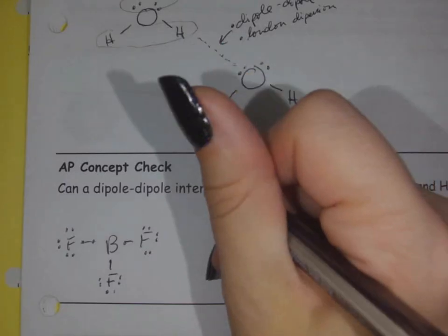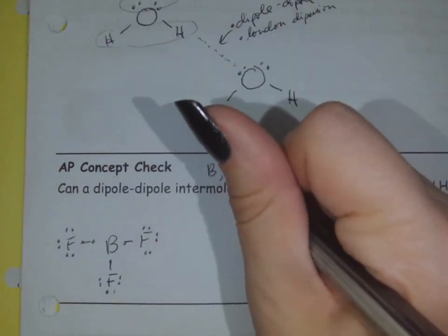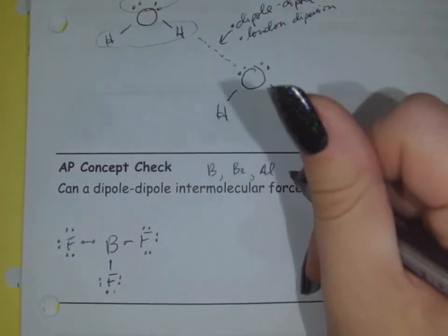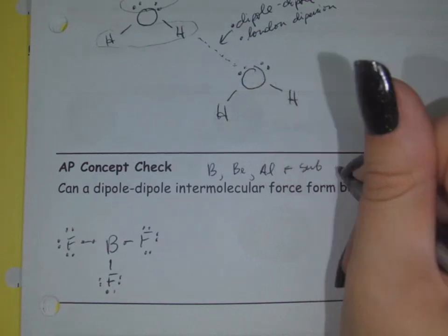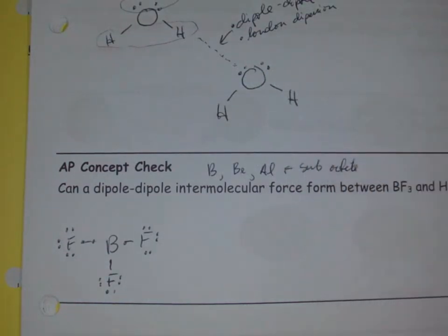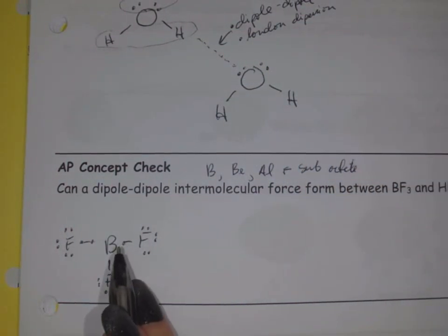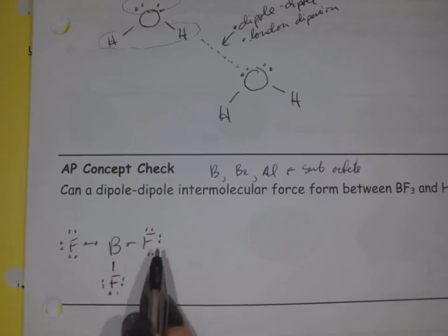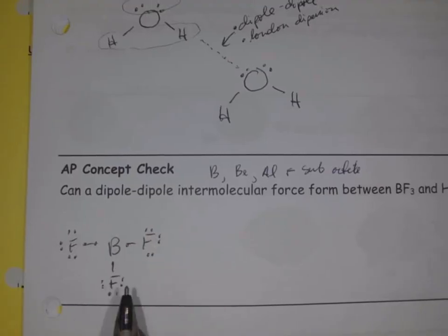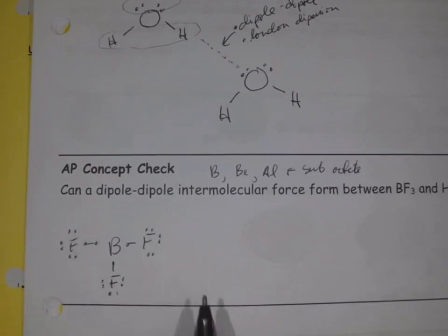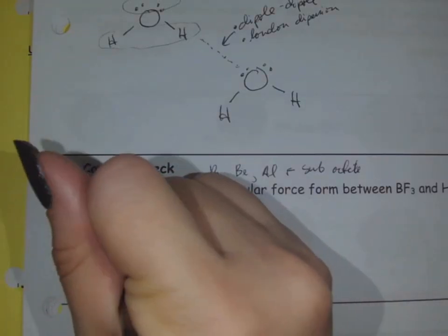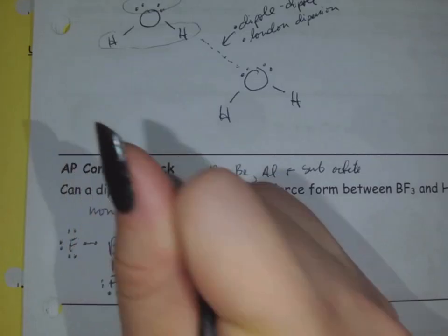But remember, boron, beryllium, and aluminum are the suboctet atoms. It's okay for this one to have less than 8. All of these have a formal charge of 0. So there are 3 domains, and each domain is the same. So this is a non-polar molecule.